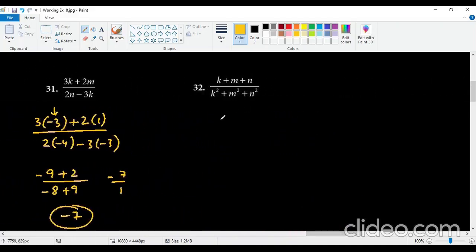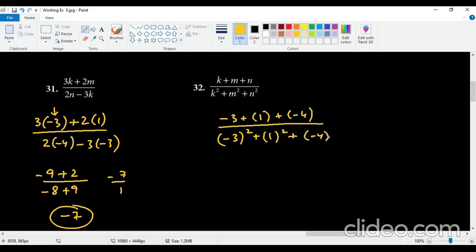Moving on to 32, k is a negative 3, plus m is a 1, and plus n is a negative 4, divided by k value is negative 3, which is a square, plus m value is 1, which is again a square, and plus negative 4 square.